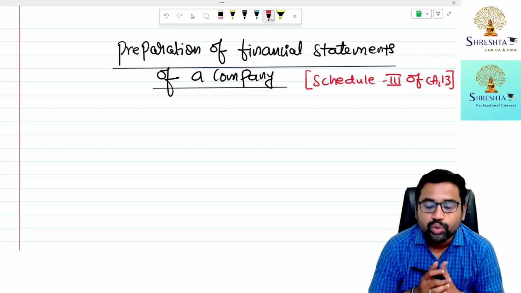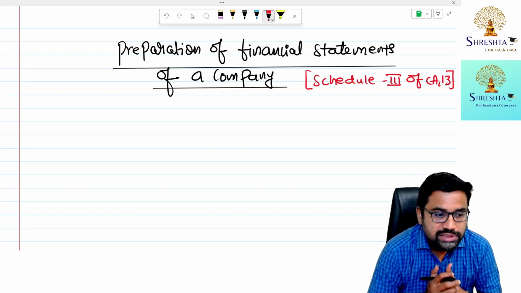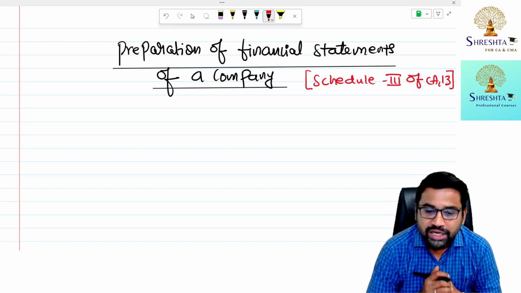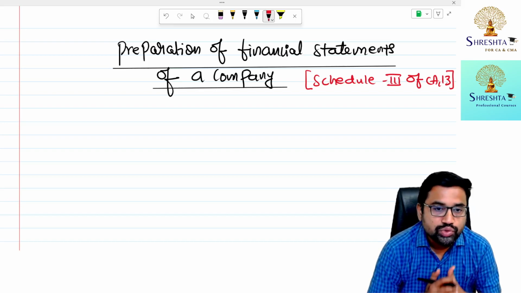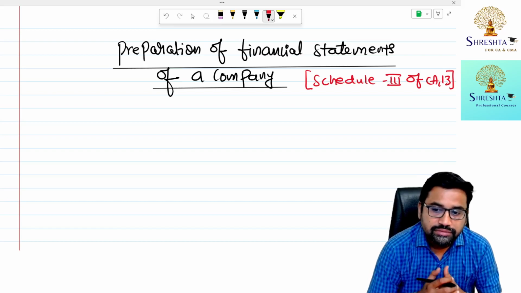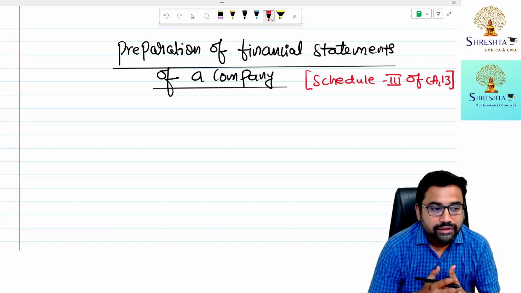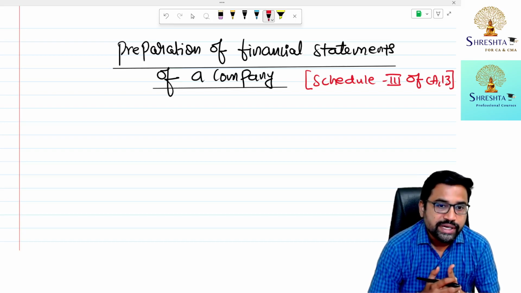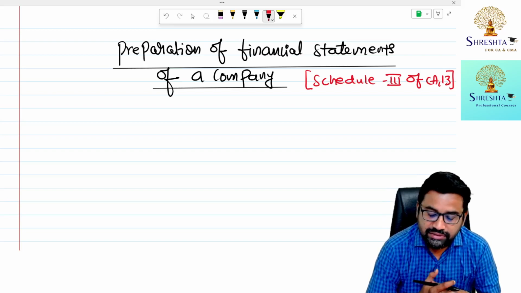So who are the users of financial statements? For example, shareholders, owners, creditors, debenture holders of a company, and bankers who have given loans to the company, the government, and the tax collecting agencies like the CBDT, the indirect taxes department, the GST department. All these people will see your financial statements.